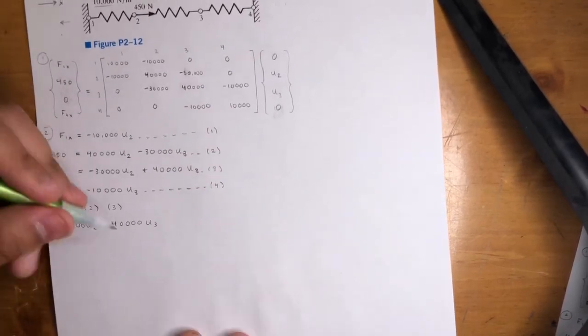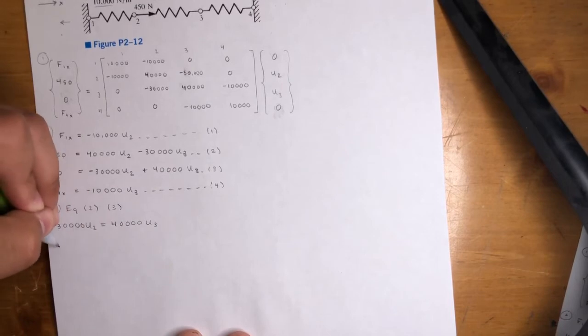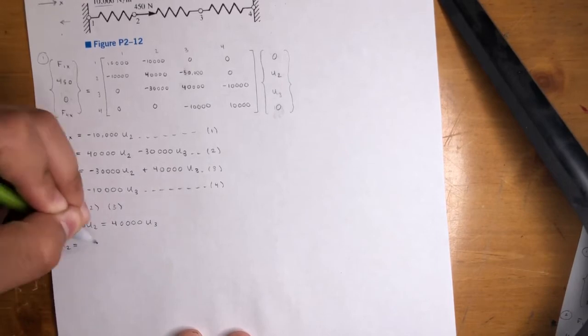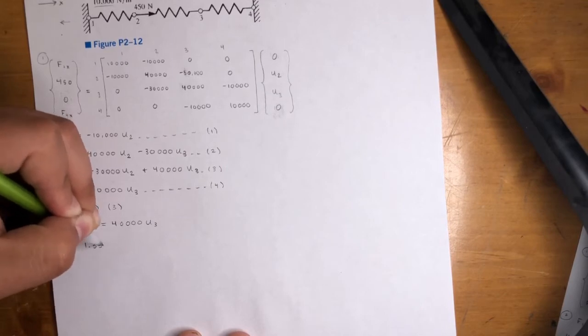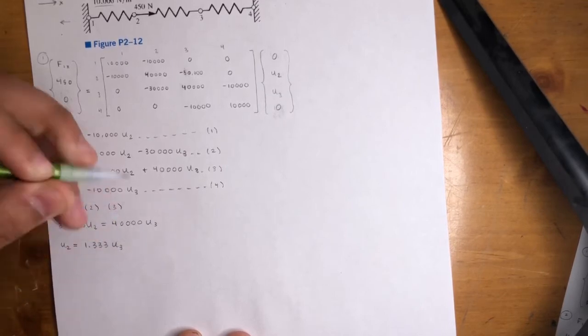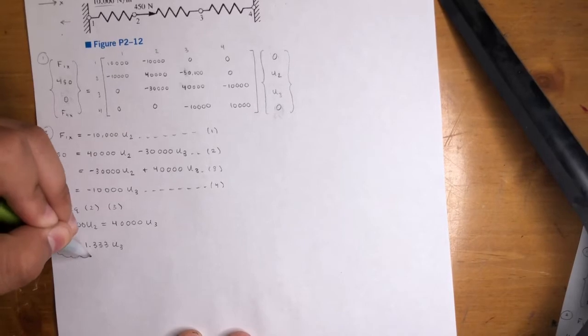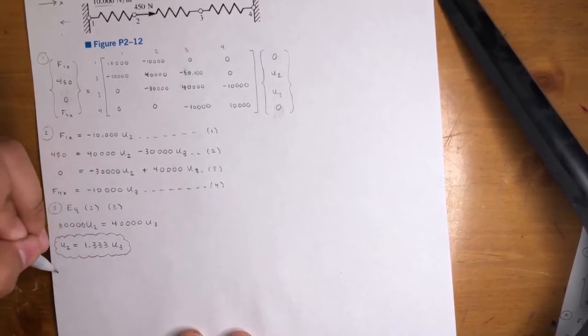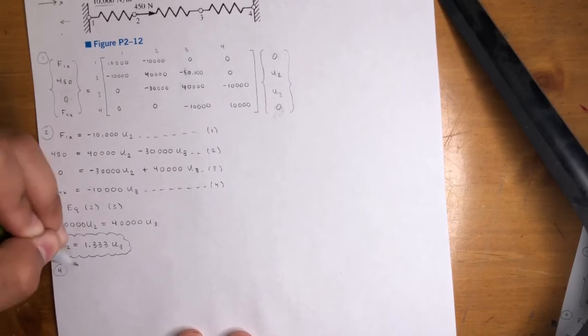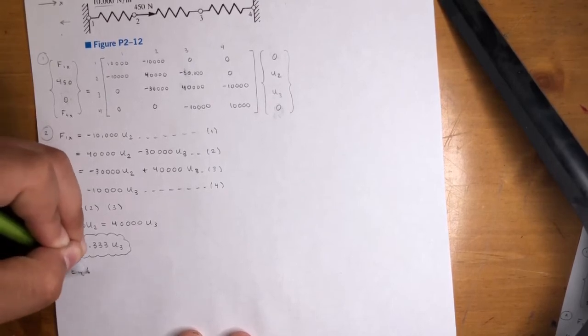So I'm going to divide both sides by 30,000 and I'll get u2 is equal to 1.333 u3. So that's not the answer. That's just a relationship.